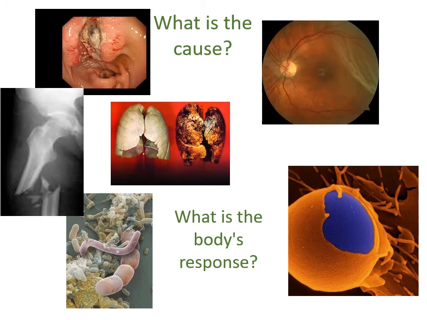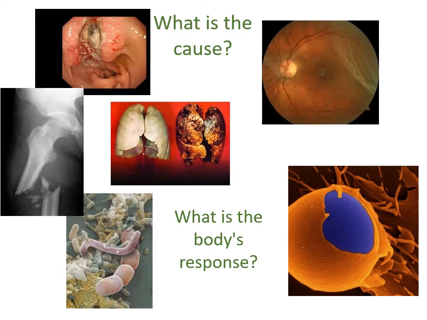Okay, so this slide is just showing you a variety of different pathologies. You can see that there's a cancerous lesion in the top left corner in the upper esophagus. There's a fractured hip or upper femur on the left side.